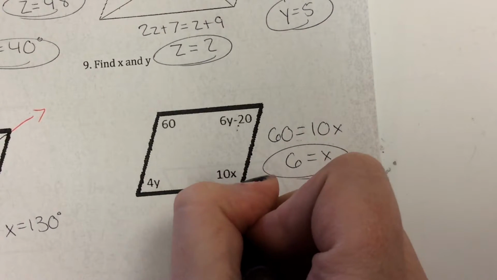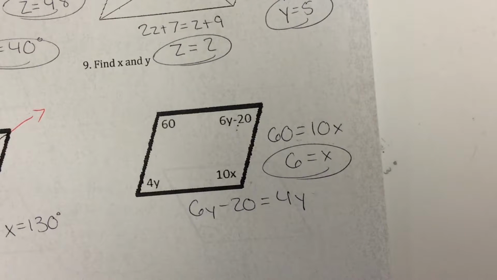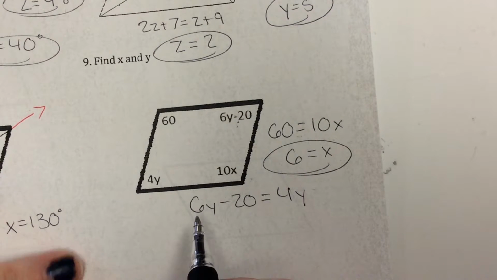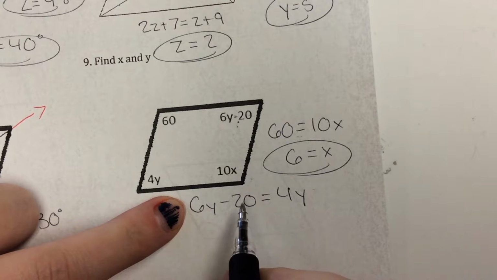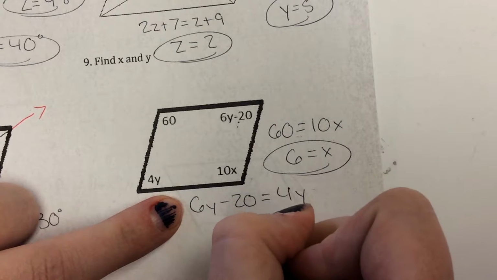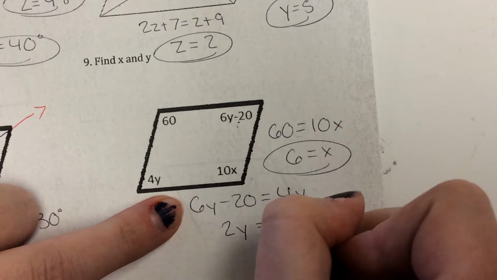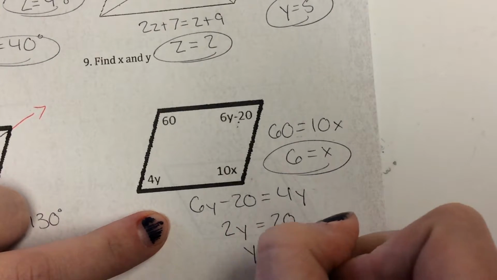We have 6y minus 20 equals 4y. And if I move 4y over here with 6, then I also need to move the constant, the negative 20, I got to move it to the other side. So that means I have to add 20. And that comes out to be 2y equals positive 20 because I have to add it to the other side. Divide by 2 gives me 10.